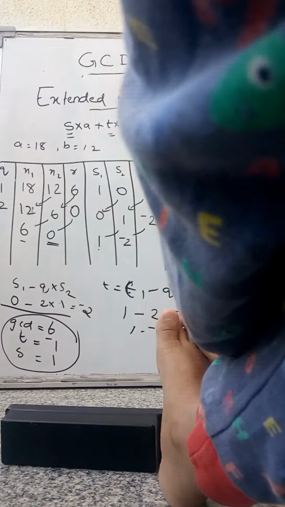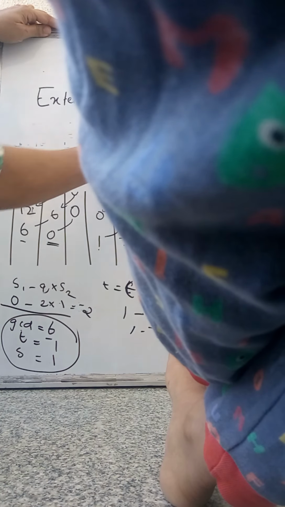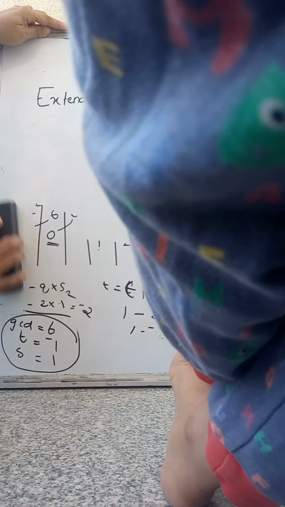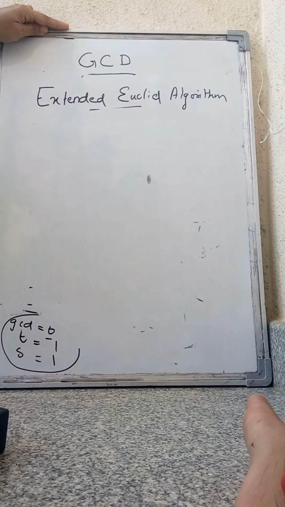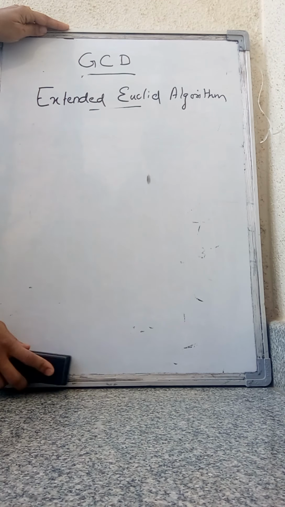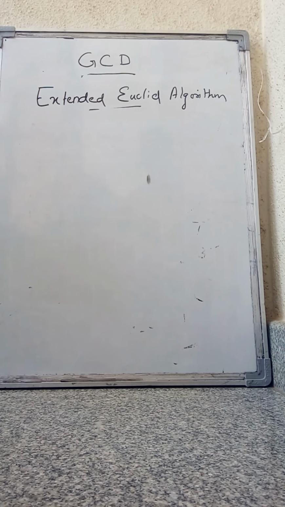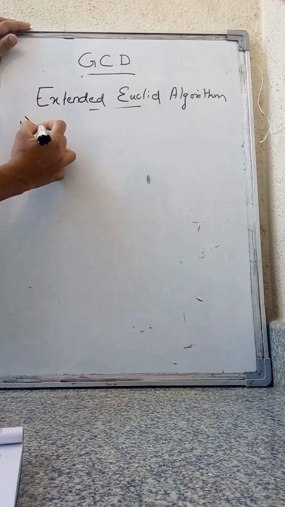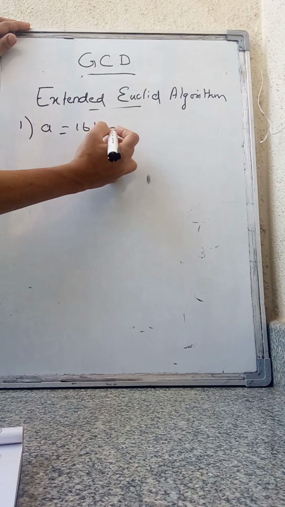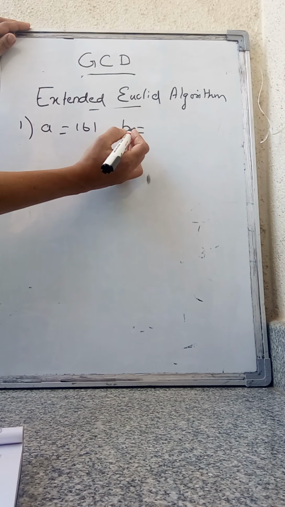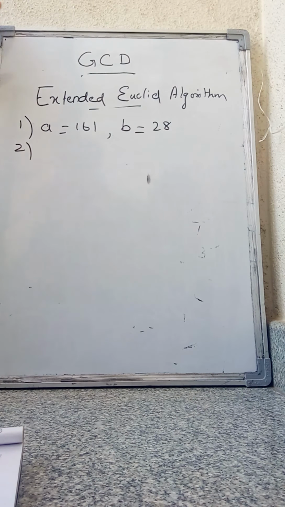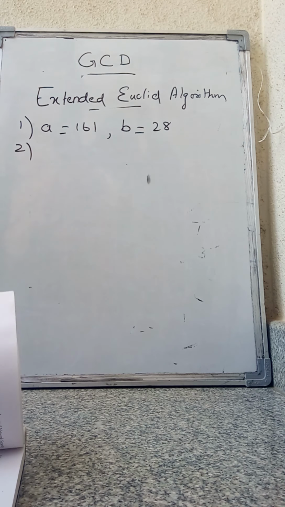Clear, right? I want you to practice a few more problems. The first one, a is equal to 161 and b is equal to 28, is actually given in the textbook. You can practice that.